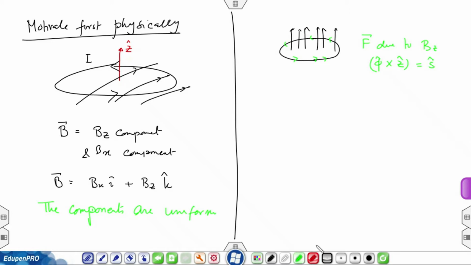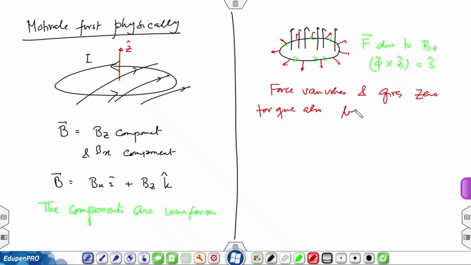So, the force due to the z component is all radially out and all uniform, and therefore, this force vanishes and gives 0 torque also, because r cross dF is 0. So, the only force comes from the Bx component.